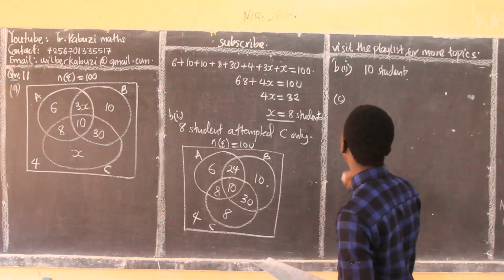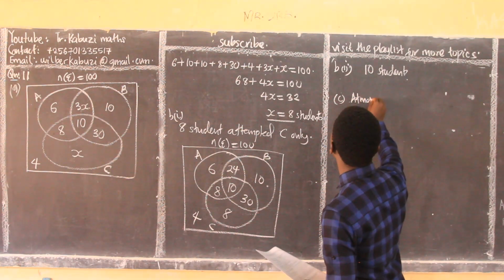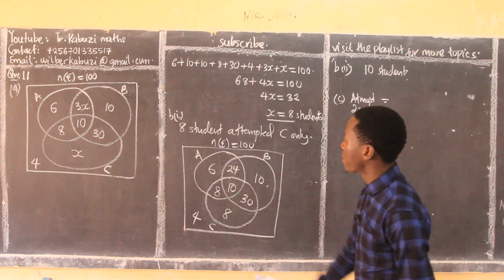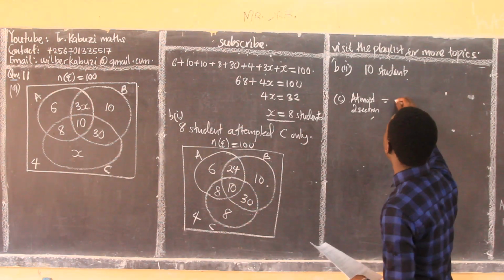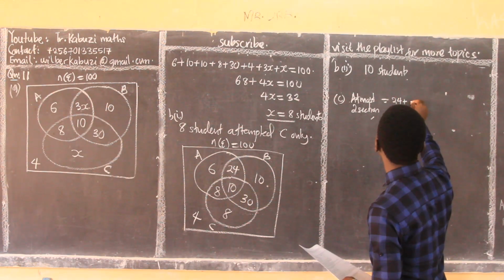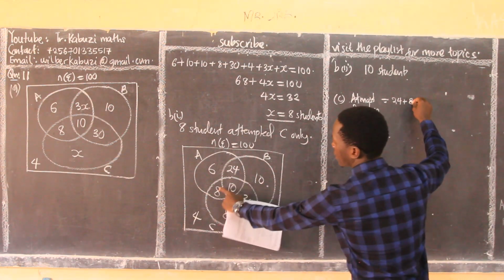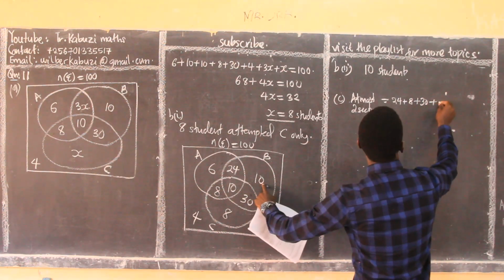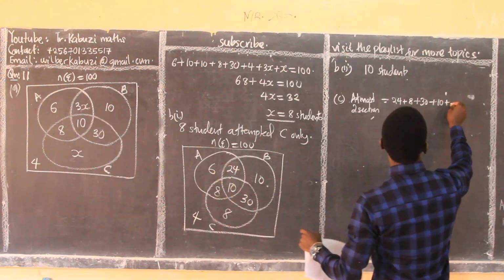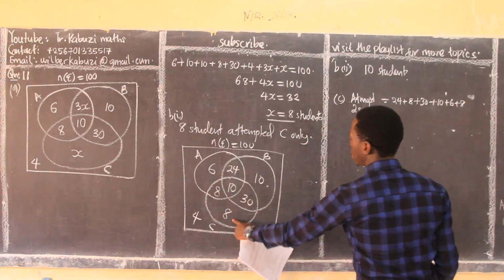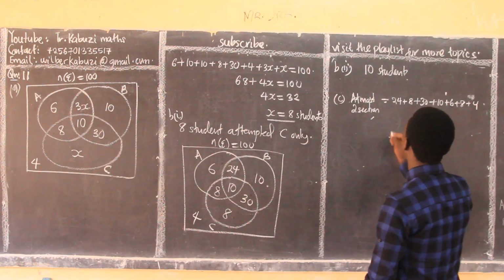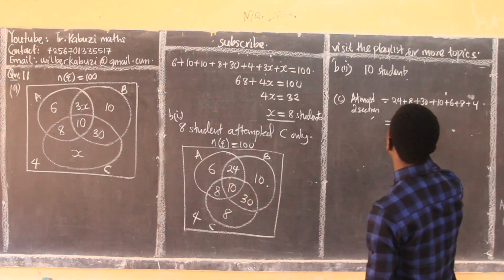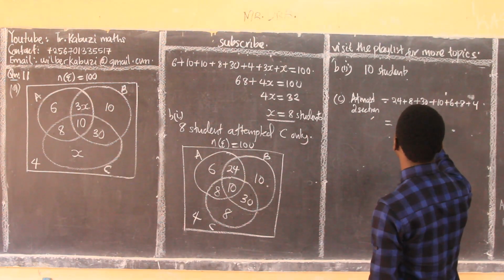So at most 2 sections, we are going to add: 24 plus 8, then 10 plus 6 plus 8, then plus 4. In simple terms, you get 90 students.